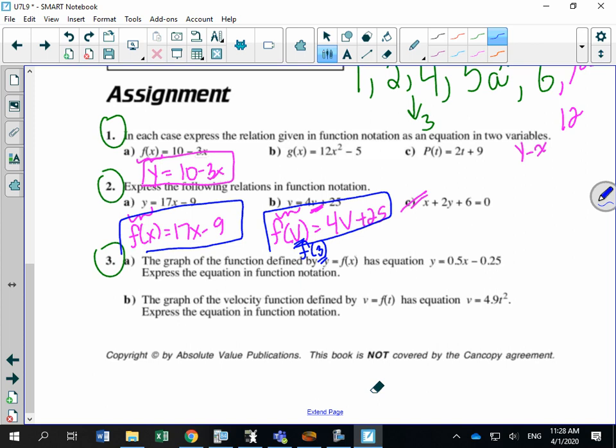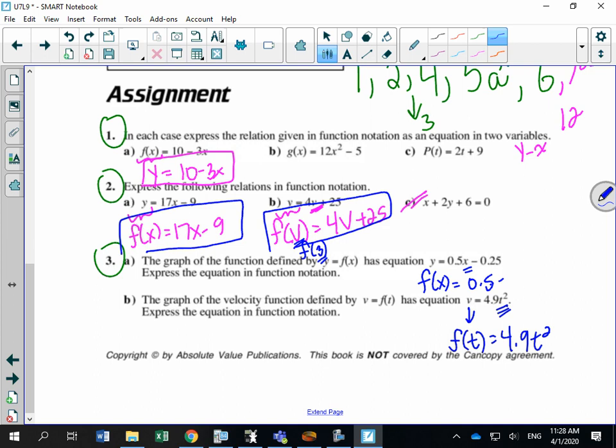So again, f of, now what they want here is I always look at this side, I look at the right-hand side, and they want t. So f of t is 4.9 t squared. That's how you would do B, okay? This guy would just be f of x because they've got an x here.